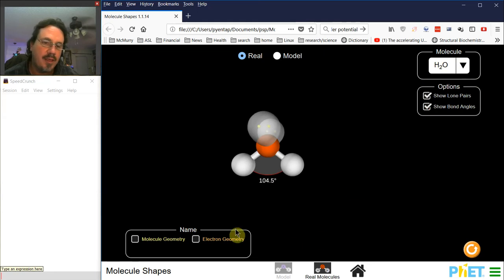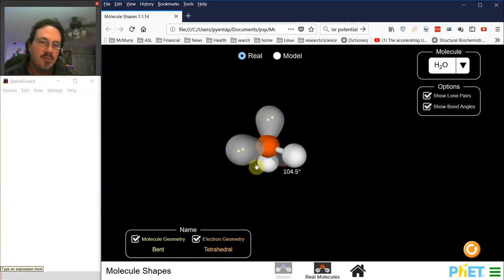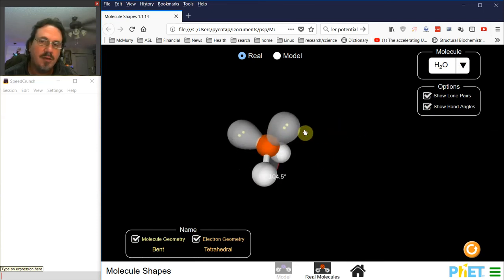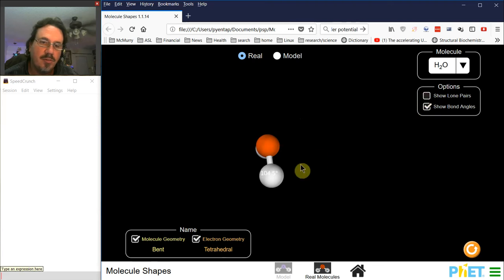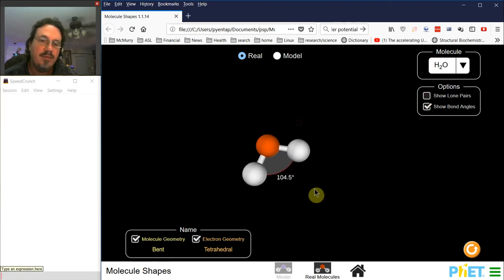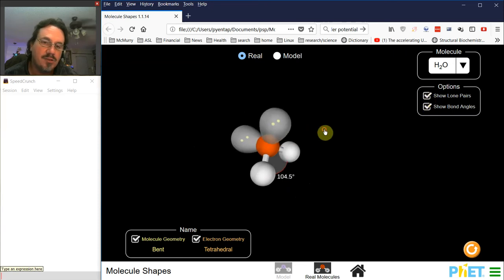Let's show those bond angles, and let's see the names of these guys. So, tetrahedral and bent, just like I showed you. But there we go. You can see if I take those lone pairs away, there's my bent molecule, and they've done it correctly. Yay, 104.5 instead of 109, because those two lone pairs sticking up here are actually pushing those bonds for the atoms a little closer together. So they've done it correctly. Yay, that's a good job.